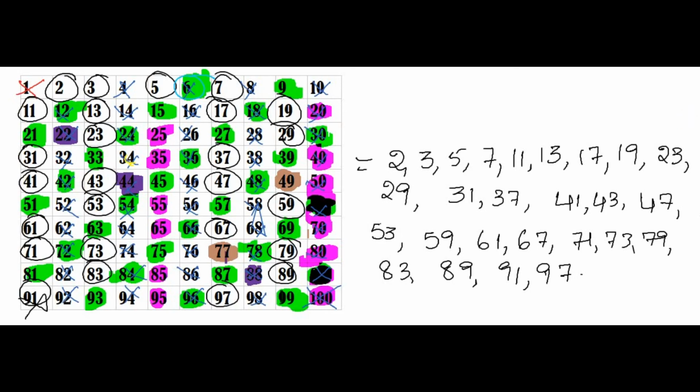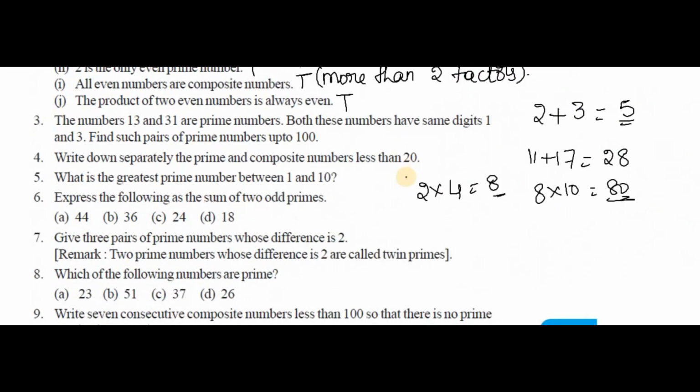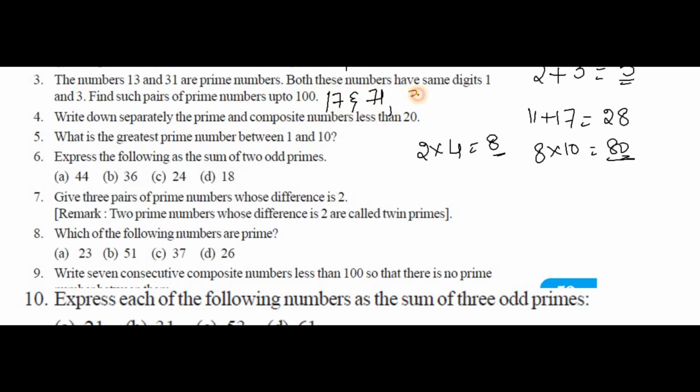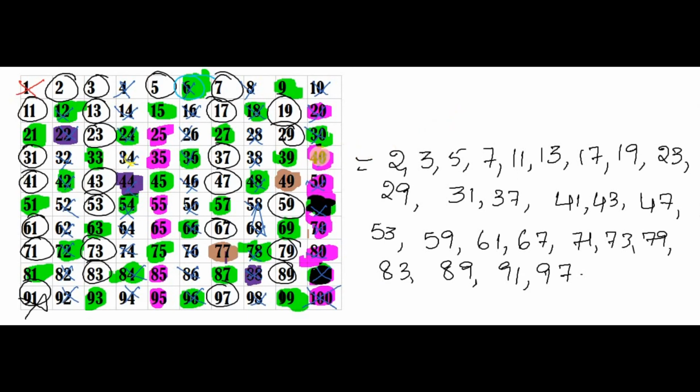So what are the numbers we got like that? 17 and 71, 39 and 93. What is the other number we got? 37 and 73.